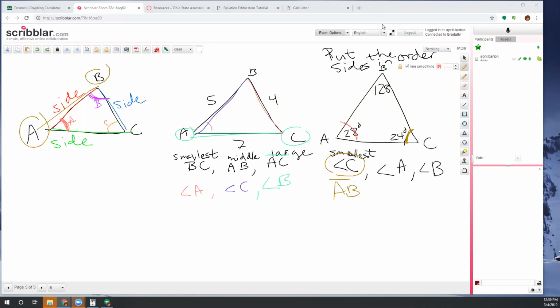And AB was the smallest, so would it be AC? So we're looking at angle A. We want the side not touching angle A at all. Okay, so then BC. Good, BC. So B to C is the middle.